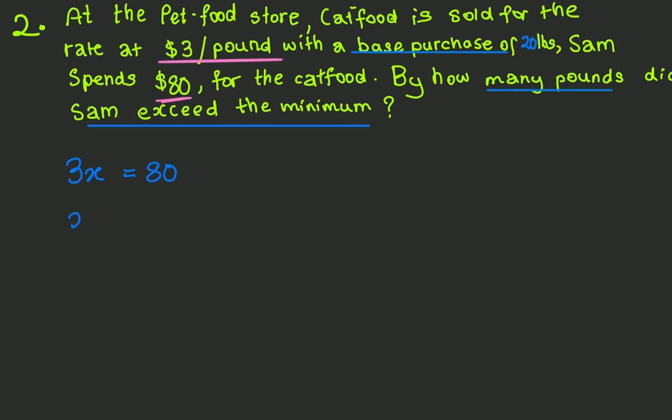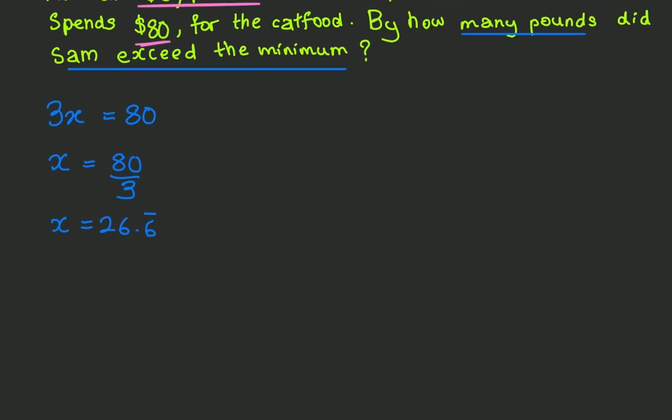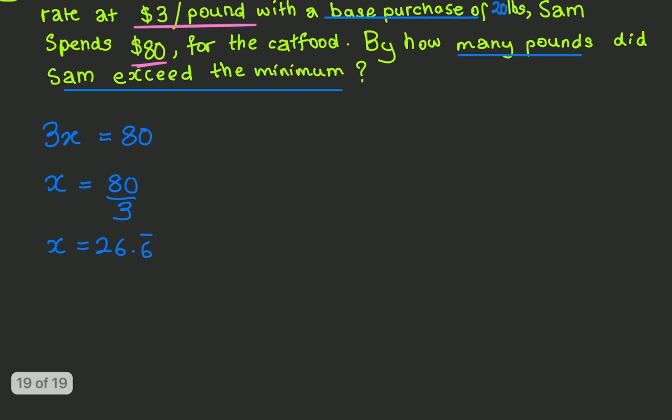So that would be x is equal to 80 upon 3, as we want to get rid of 3 by dividing it. And now we have x to be around 26.6 bar. Alright, now we're not done yet though. It asks us by how many pounds did Sam exceed the minimum. So we're supposed to find the difference from the amount of pounds he had originally, subtracted by the base purchase.